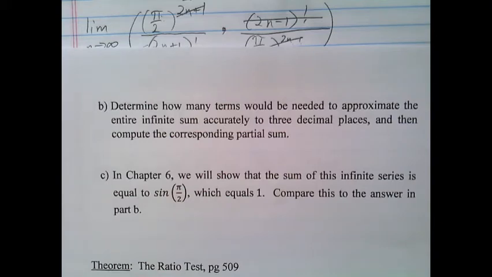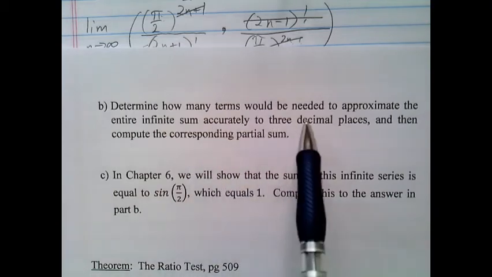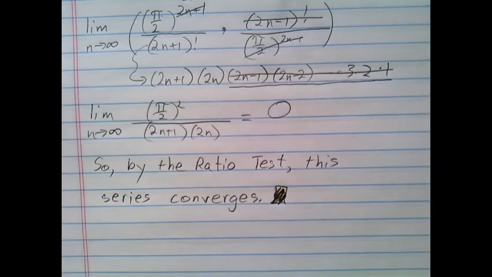If I did it with the first 5 terms, n equals 1 through 5, then I could just compute the term where n is 6, and that would be my error. But here we're being asked to figure out how many terms would be needed to make sure that our error is small enough that we would be accurate to 3 decimal places. So let's do a little interpreting here.